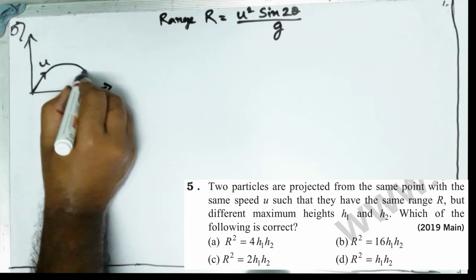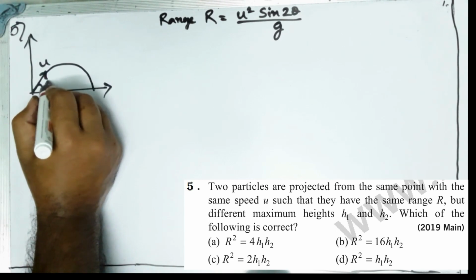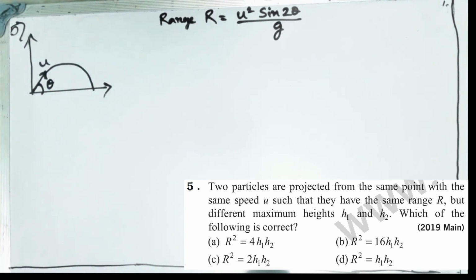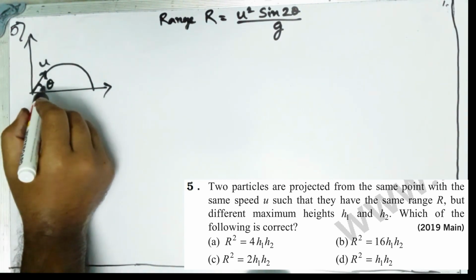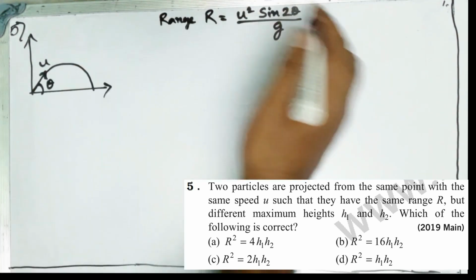What is u? u is the initial velocity and theta is the initial angle made by the initial velocity with the horizontal.